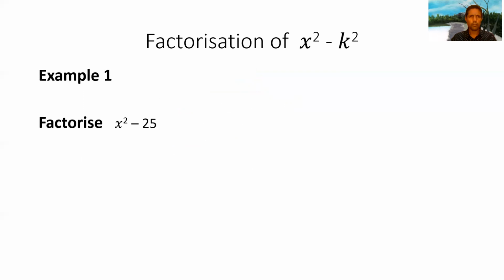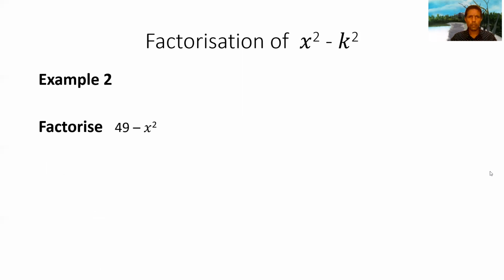Example 1, factorize x squared minus 25. x squared minus 25 can be written as x squared minus 5 squared. And this can be written as x plus 5 into x minus 5. Therefore, to factorize x squared minus 25, we have x plus 5 into x minus 5.